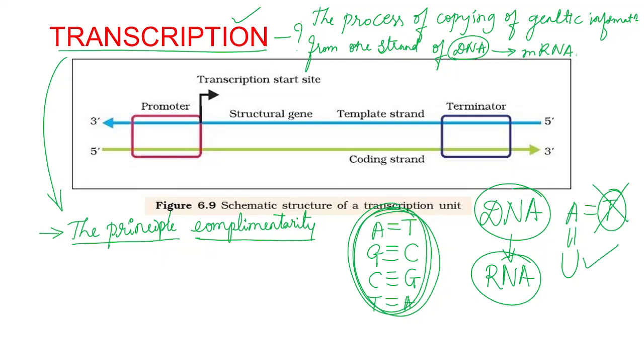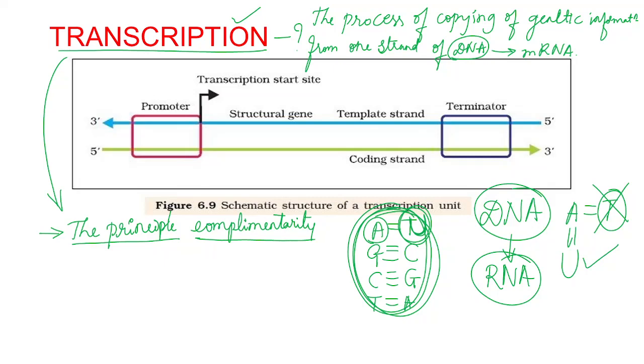So in the place of T, U should come here, because there is no thymine present in the RNA. Is that clear?